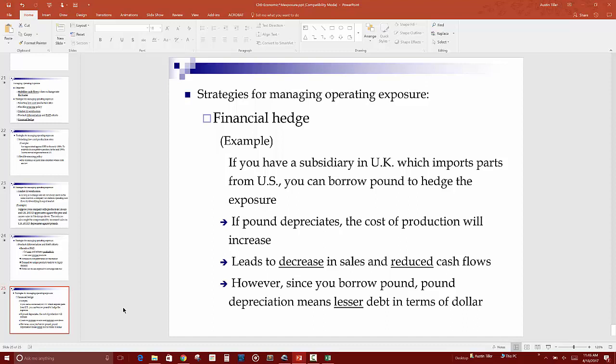So even though the cash flow from the business itself dropped, because we borrowed pounds, the amount of money I borrowed also decreased because the pound value decreased. So I don't owe as much, and those can be canceled out. So we can also use financial contracts to hedge.